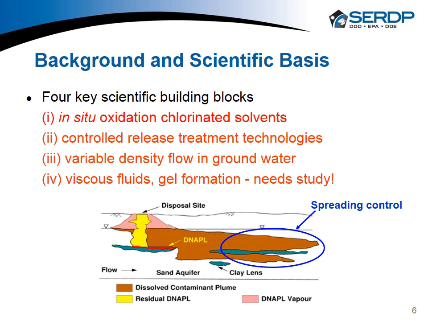To answer your first question, to create the variable density fluids, we're putting potassium permanganate in there. The salinity will increase. Depending on how much you destroy, you generate chloride.